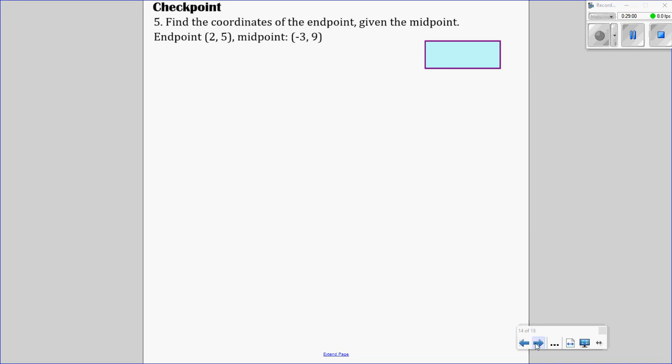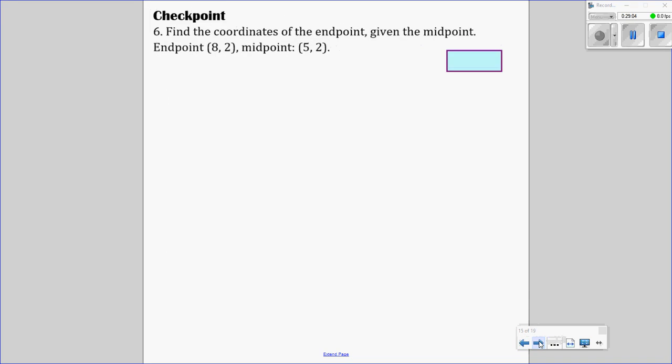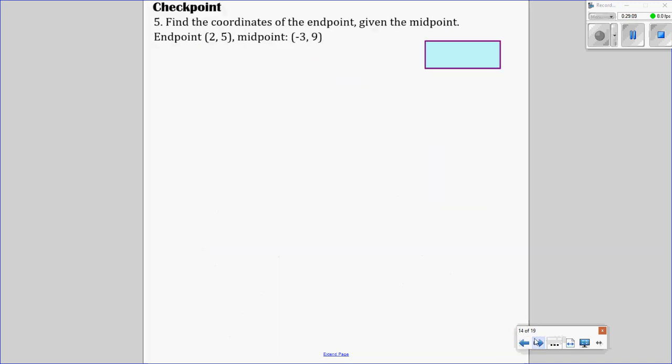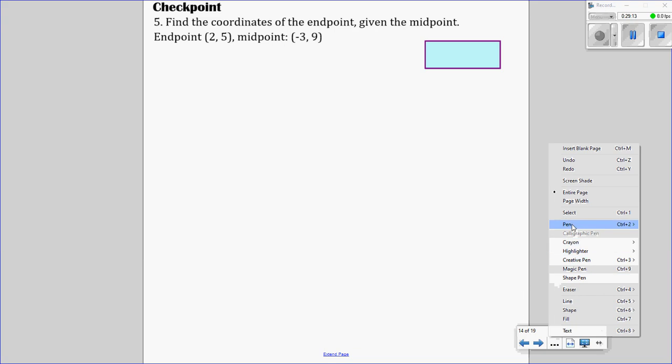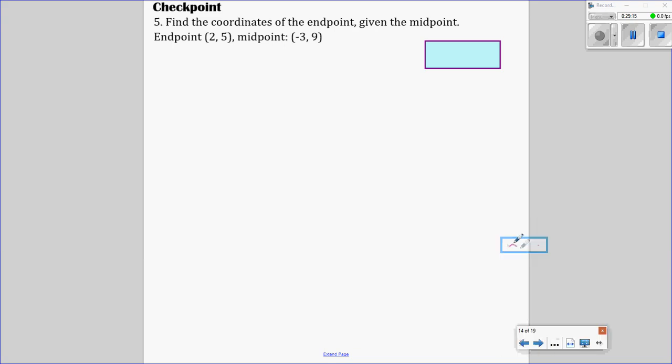Alright, so this one will be the same. Let me see how many we got. Alright, so I'm going to do another one. So I'm going to put the midpoint formula, x1 plus x2 over 2, so you know what we're referencing this from.